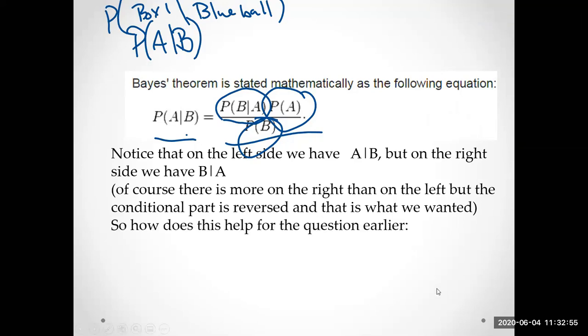So how does this help for the question earlier? That is, how does it help with the probability of box 1 given that it's a blue ball? If we follow this, how would we rewrite the question now? How would you say it in English?